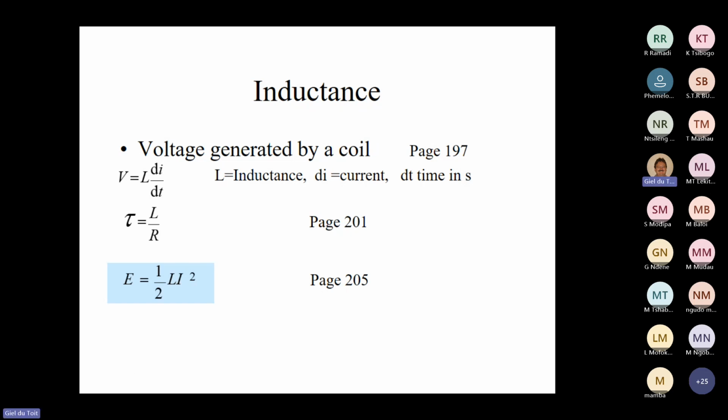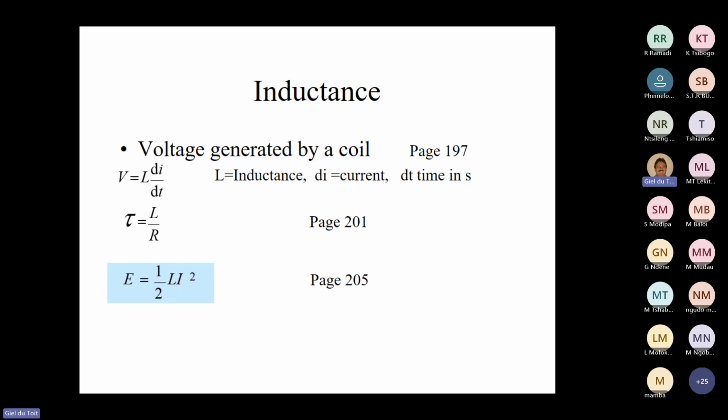To give you another example, if I've got an inductance of 1 Henry again, which is a fairly large inductor, a 1 Henry inductor is about the size of my fist.